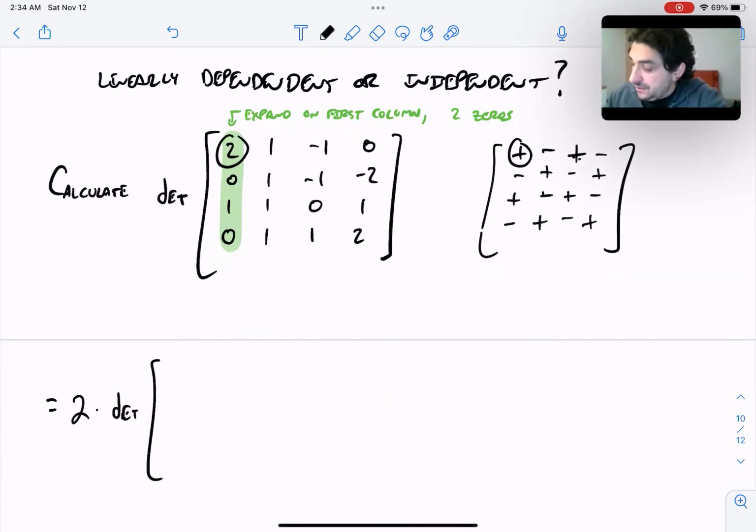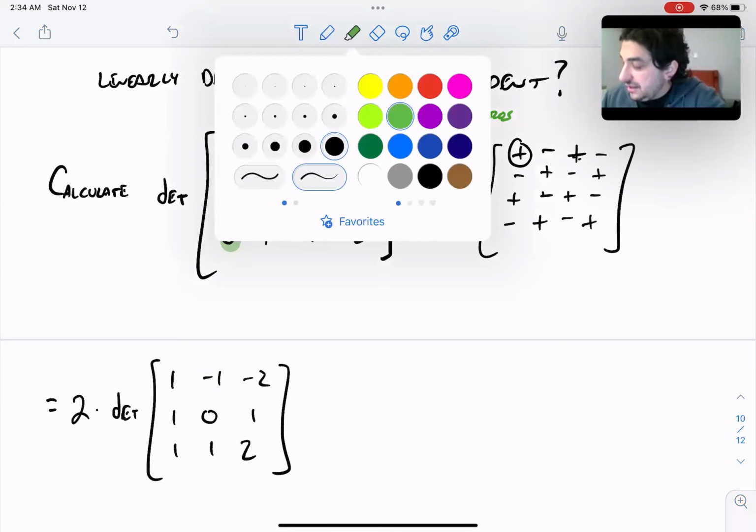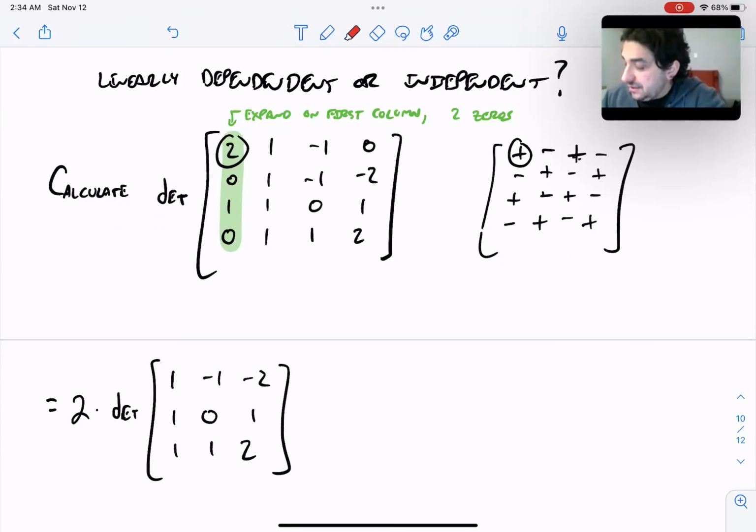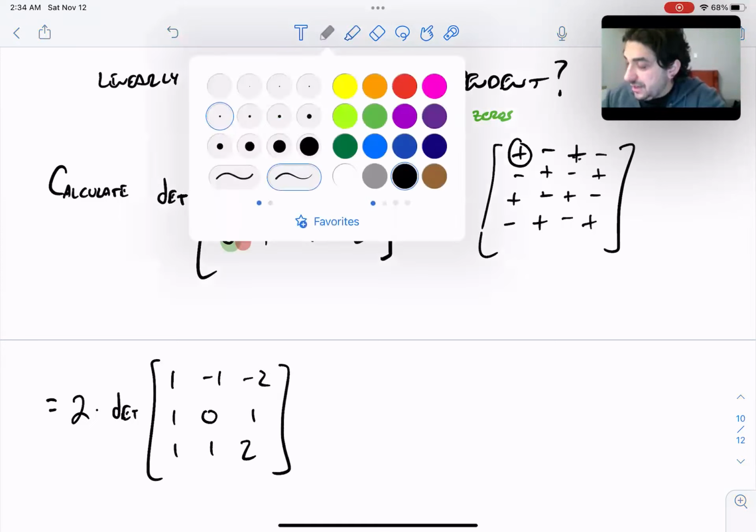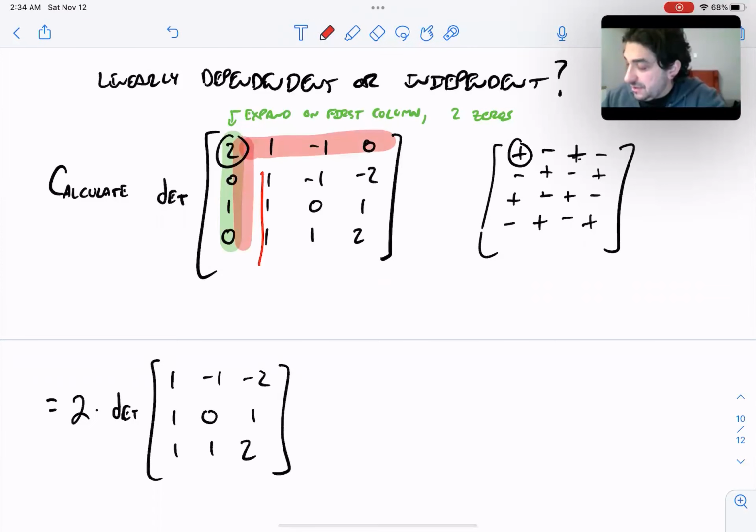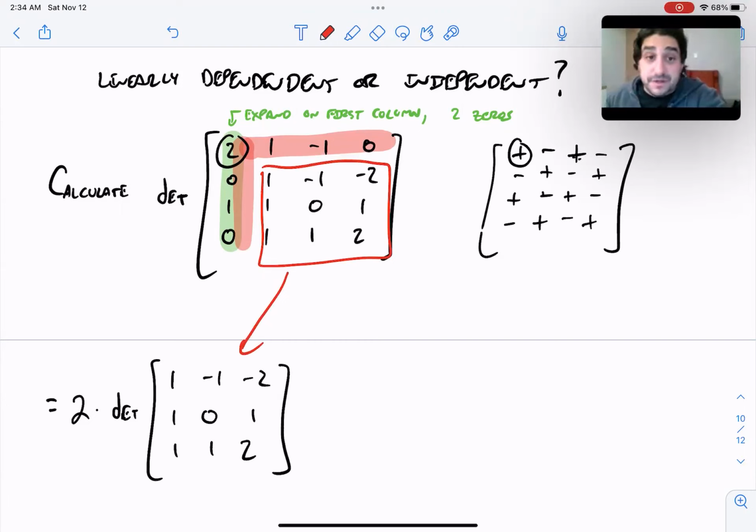And then what's its cofactor? Well, you delete the row and column that the 2 lives in, right? So here I'm deleting the column and the row of 2, and then I'm putting the part that remains, that's the cofactor for that entry.